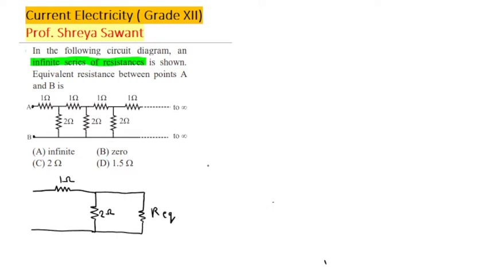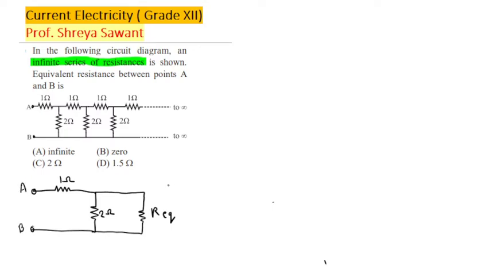Okay, so the circuit extends infinitely to the right and it's symmetric. The equivalent resistance after the first branch is also R equivalent. That's why I'm writing that this whole circuit is nothing but R equivalent. So we have to calculate the equivalent resistance across A and B.